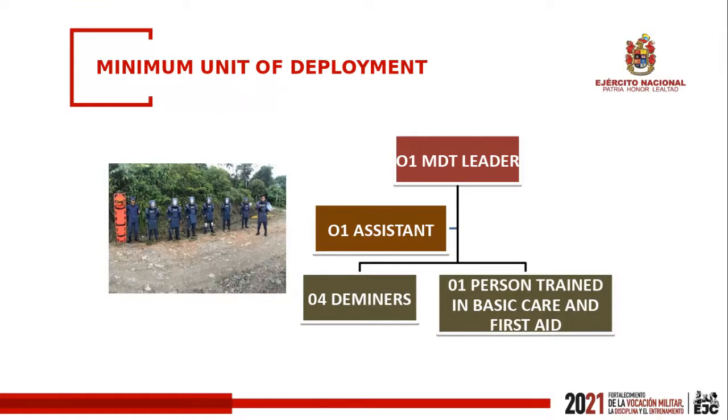So the Brigade of Humanitarian Demining Engineers is the minor operational unit of the National Army, which is part of the national demining capacity, whose mission is to develop some tasks in the municipalities or the same areas of the national territory, applying the current national and international regulation to humanitarian demining in compliance with the Ottawa Convention.